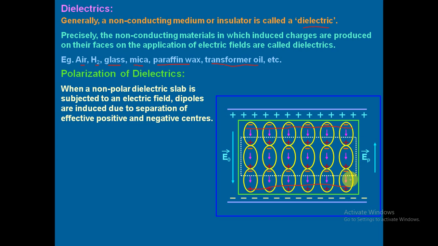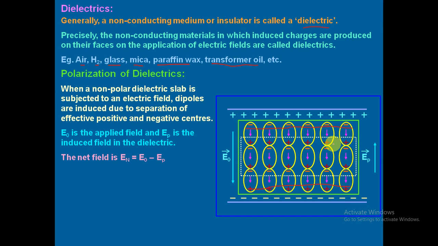So some electric field is induced inside the dielectric, and the net electric field inside the dielectric will become E0 minus EP. EP is the field produced inside the dielectric because of the polarization of the dielectric. E0 is the field which we have applied. The field is reduced when the dielectric slab is introduced, so the field inside the dielectric will be less as compared to the field outside the dielectric.